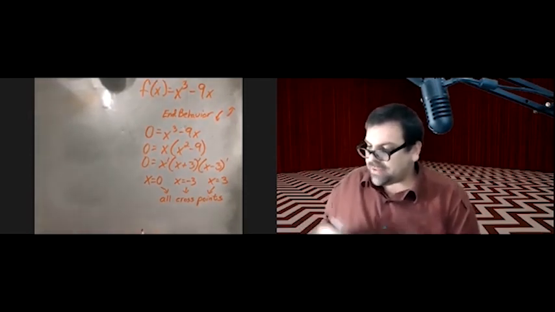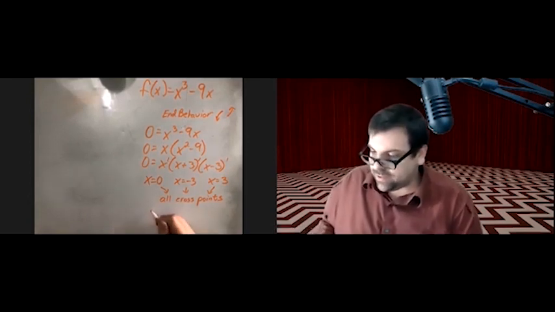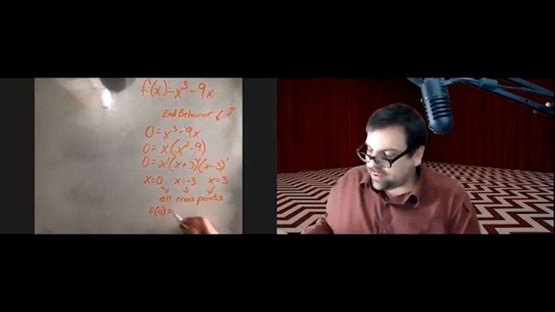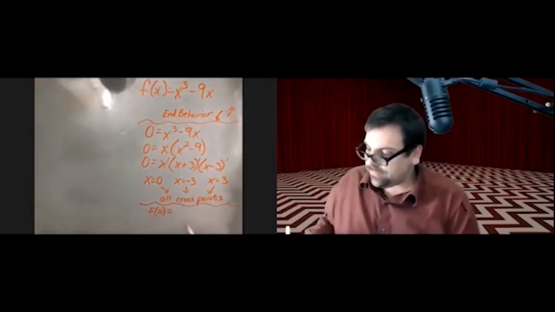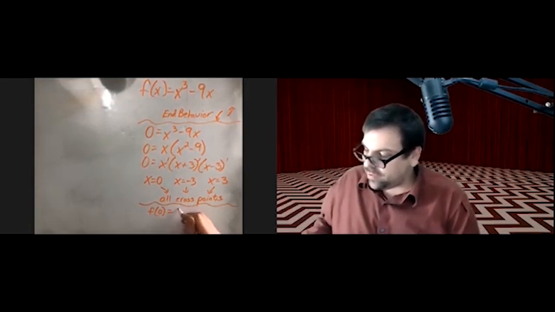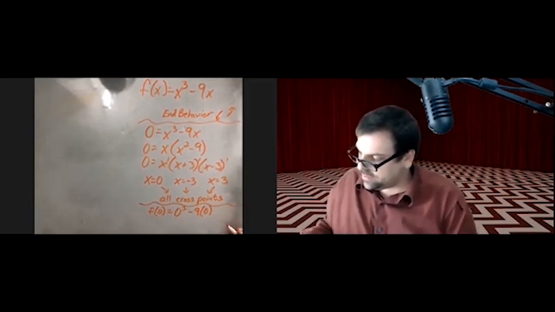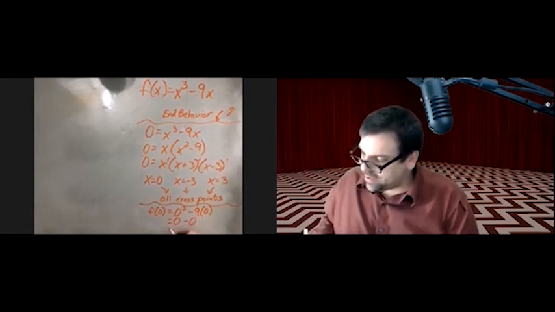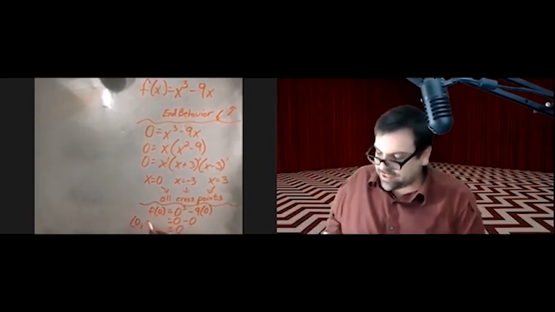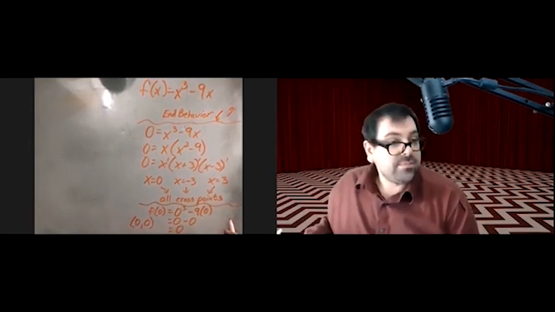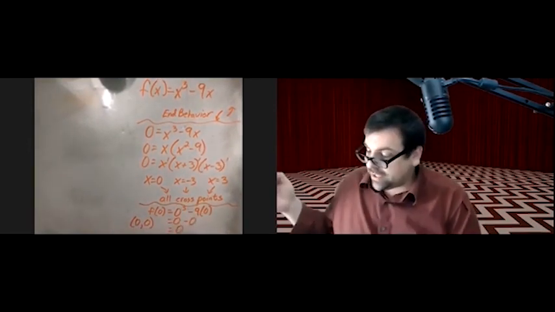These are x-intercepts. How would we find the y-intercept? Plug 0 in. F of 0 would be 0 cubed minus 9 times 0. That's 0 minus 0. F of 0 is 0. So 0, 0 is the y-intercept, but it's also an x-intercept.